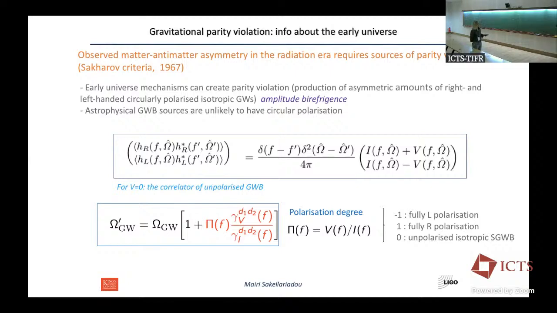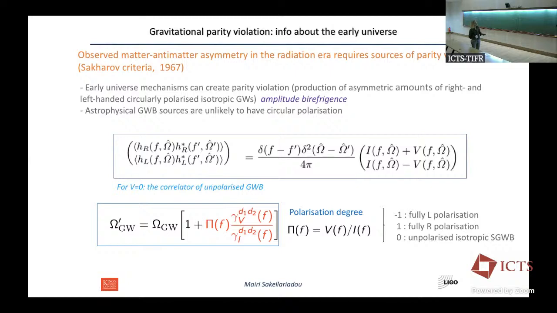So to study for that, remember yesterday or two days ago, I found this two-point correlator for the strain. Now it's going to be of that form, where it is expressed in terms of the Stokes parameters I and V, which in the case of unpolarized is equal to 0. So when I write my omega GW, it will have this contribution from this polarization, where this polarization degree is this pi, okay?